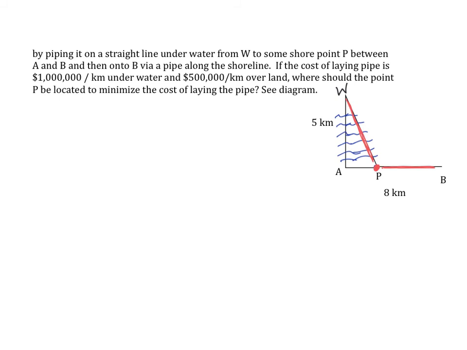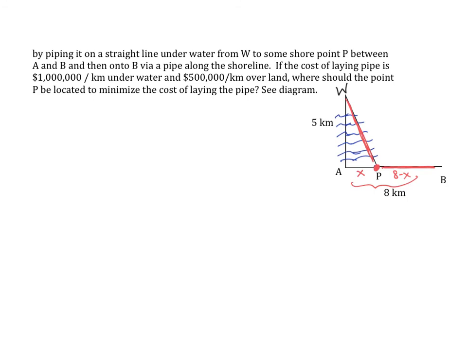Since I know that this is 8 kilometers across, if I call this piece x, this piece will be 8 minus x. Okay? So here's what I need to do. I need to add up both the situations.